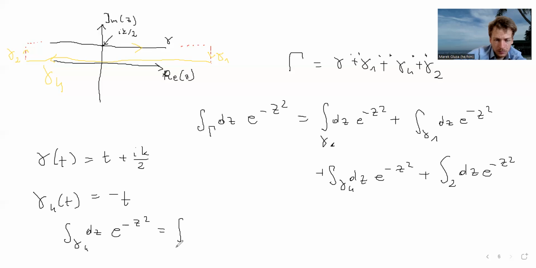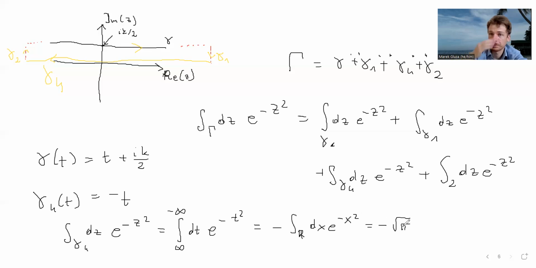So this is going from infinity to minus infinity dt e^(-t^2). So what is this? This is minus the integral over the real line dx e^(-x^2), which is the standard form of the Gaussian integral. So this is square root of pi with a minus.